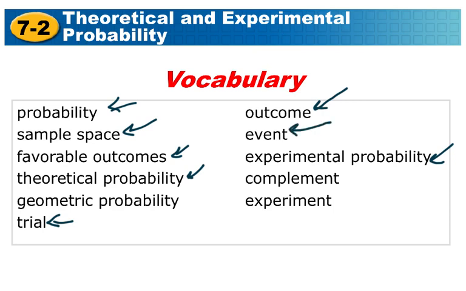Events are made up of trials. Your complement is the one that is opposite. So again, remember that usually means not, or 1 minus some sort of number system. And then, of course, your experiment is the whole setup of what it is that you want to find the probability of, what event you want to occur or not to occur.